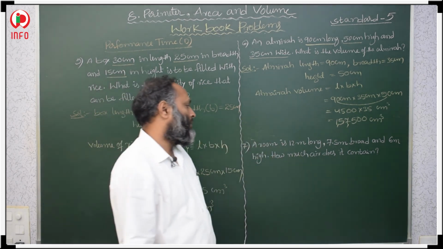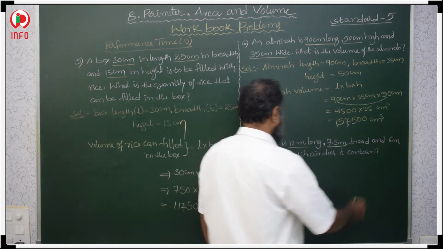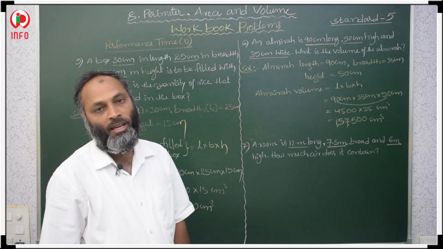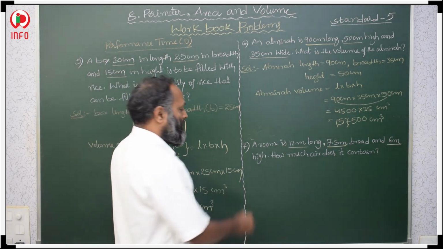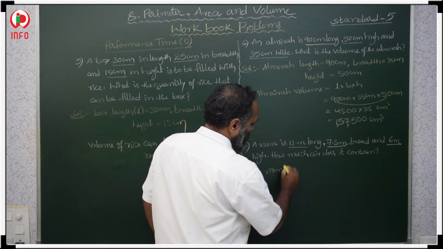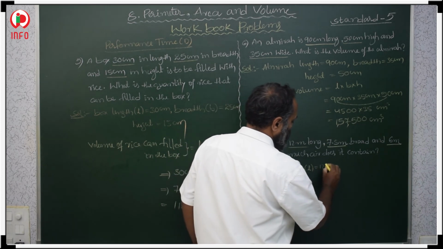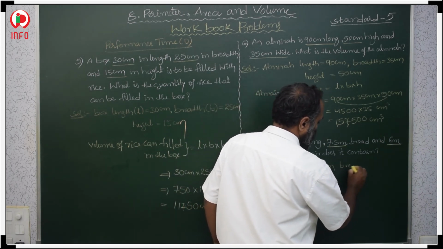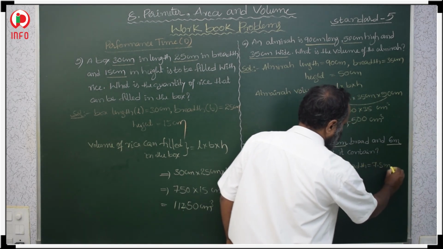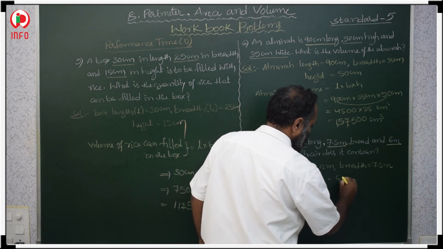Okay. Now a room length is 12 meters long, 7.5 meters broad and 6 meters height. Then how much air contains means capacity of air he is asking, that means volume. So, room length L is equal to 12 meters, breadth 7.5 meters, height is 6 meters.